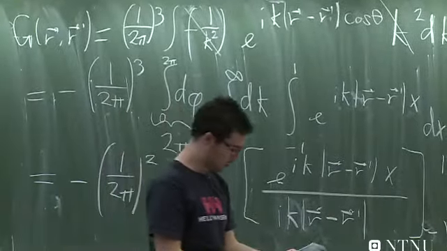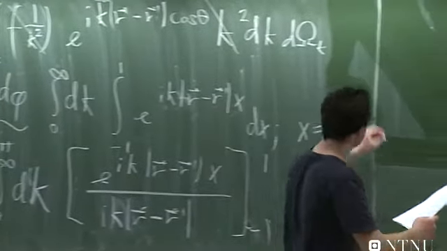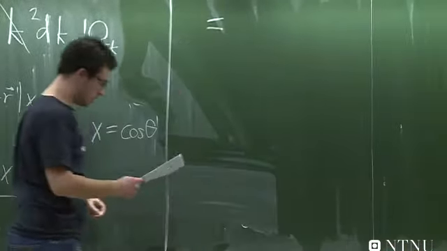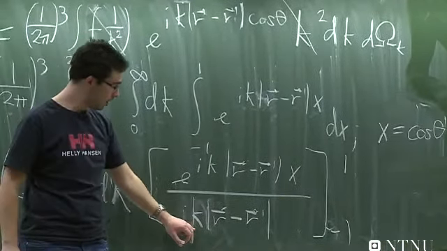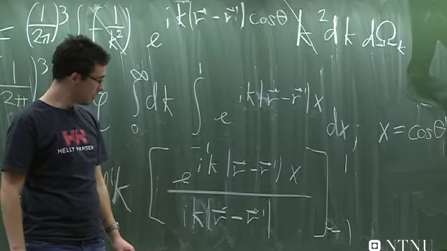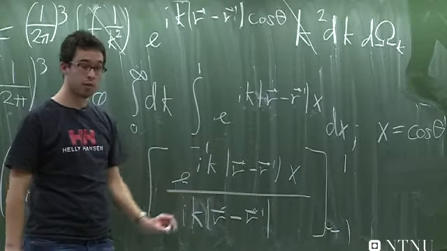So we almost solved this integral. This e to ikx over ik, well, that's simply the sine of this stuff, right?